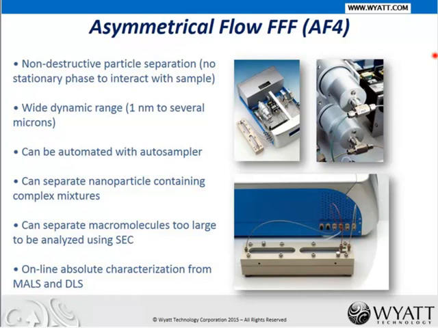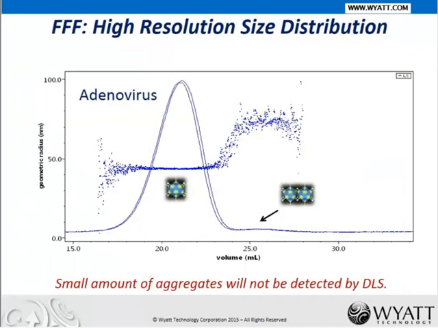It can separate particle-containing sample that can foul the column easily. As I mentioned, if the molecules are too large for the SEC separation, then FFF is a good replacement. It can be used together with the different detectors, including MALS and DLS, for online absolute characterization. Now I will have some examples to share.